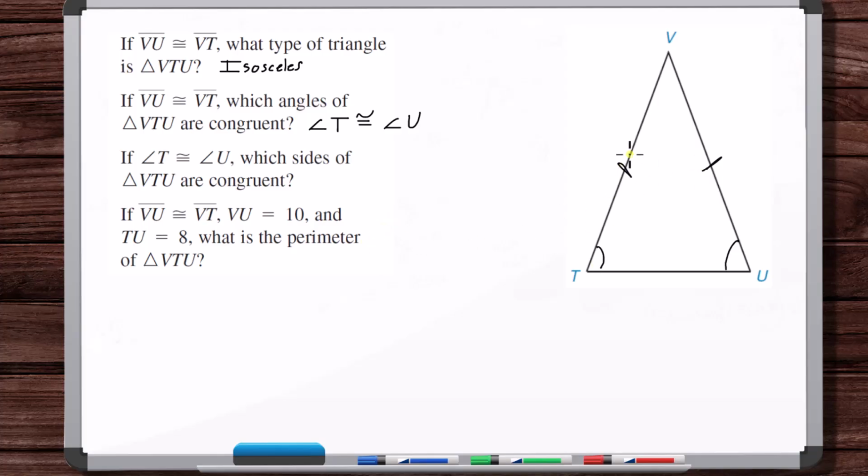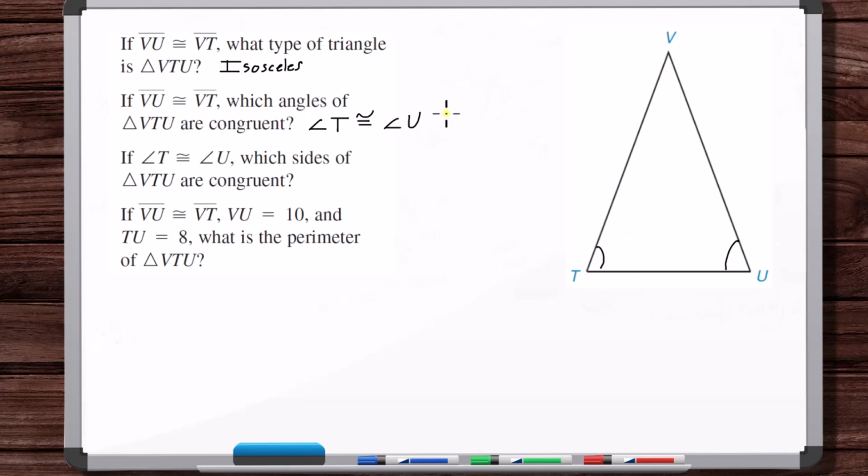You can't have one without the other. If you can prove that two legs of a triangle are congruent, that means it's isosceles, and the angles opposite those sides are congruent, or the reverse. If you show that two angles of a triangle are congruent, the triangle must be isosceles, or maybe equilateral if all three are congruent.